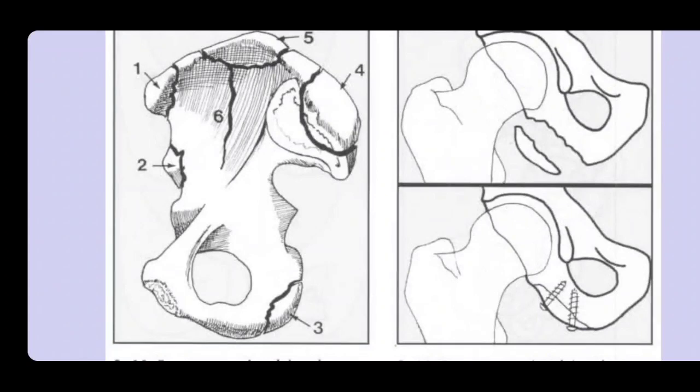The anterior superior spine can be avulsed by sudden contraction of the sartorius. At the anterior inferior spine, usually the rectus femoris is attached. The ischial tuberosity can be avulsed by the hamstrings, and the posterior spine by the erector spinae. And the crest can be avulsed by abdominal muscles.